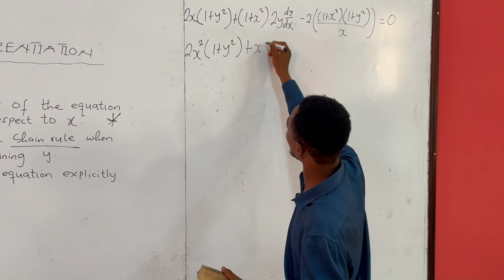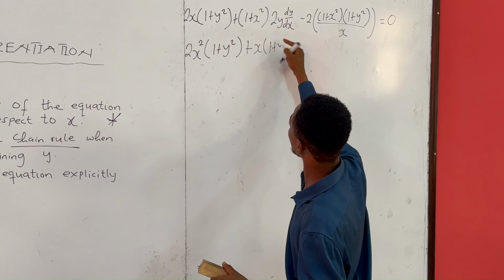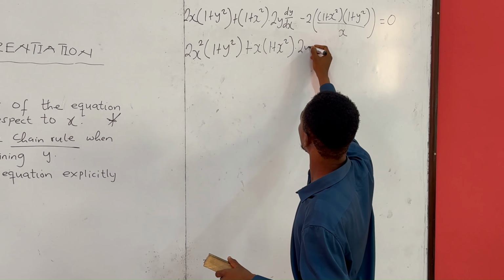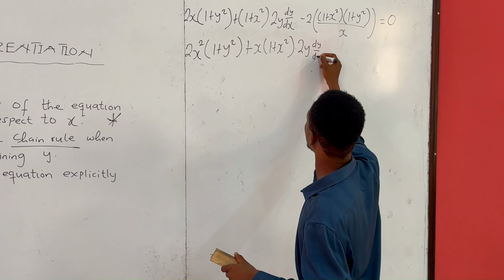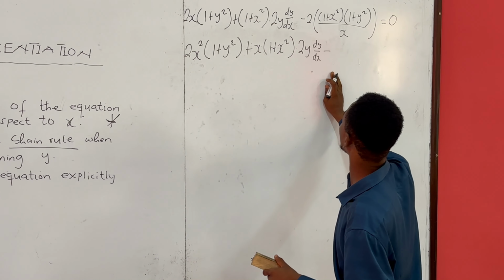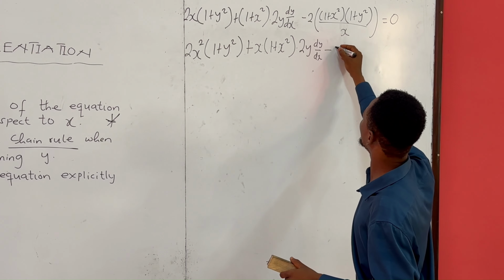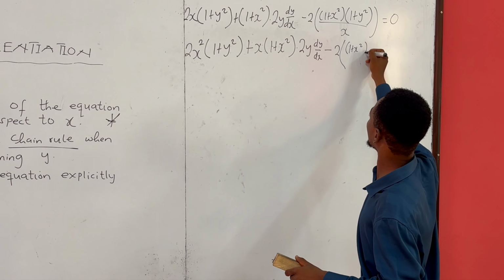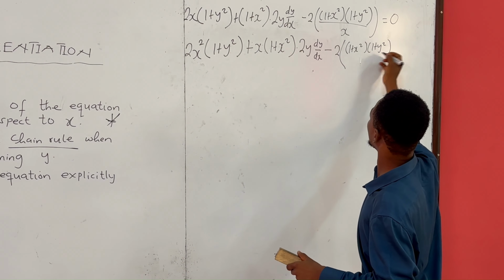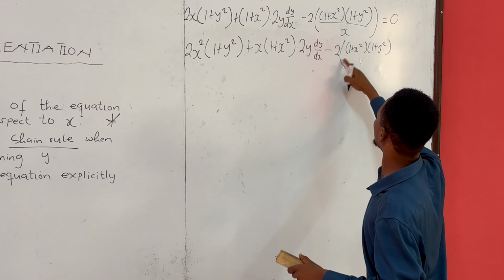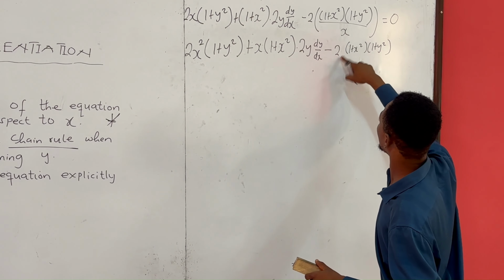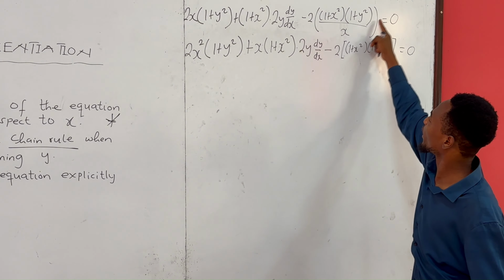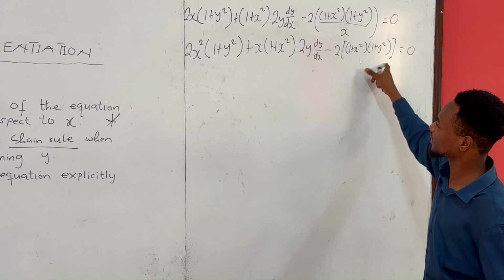So I have x multiplying 1 plus x squared, multiplying 2y over x, then minus 2 bracket 1 plus x squared, 1 plus y squared, is equal to 0. If I multiply here by x, it cancels x, and I'll still get this.